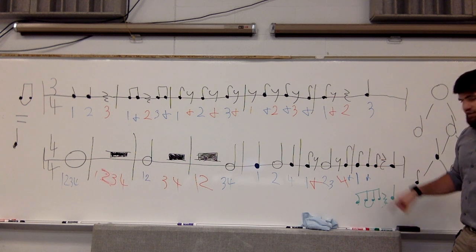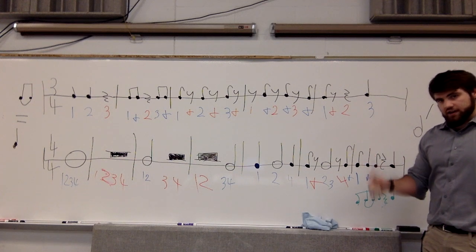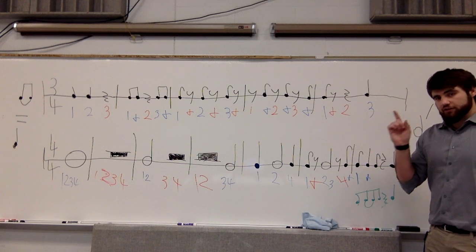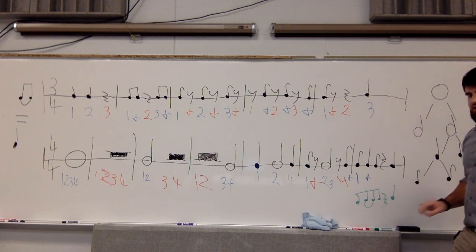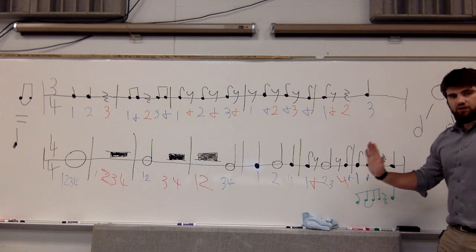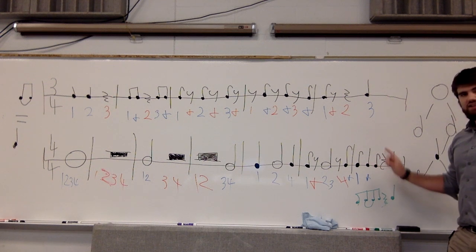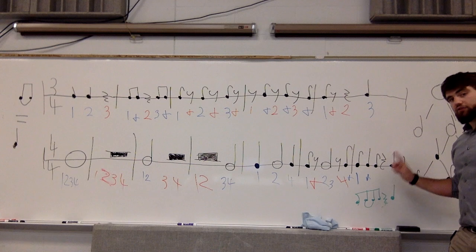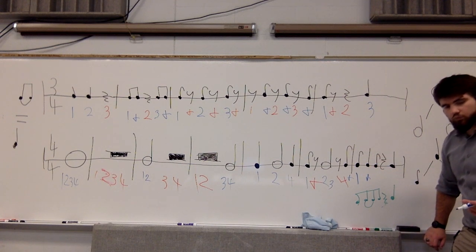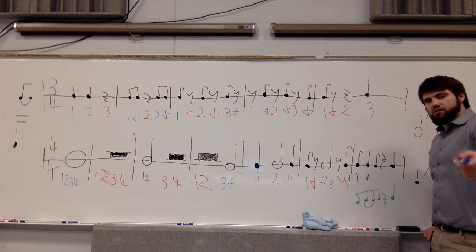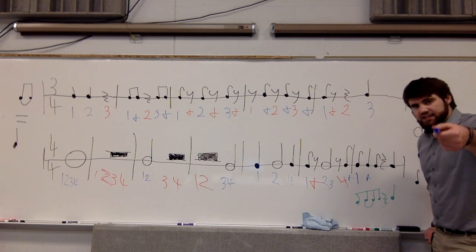This quarter note contains the and of 1 and the on of 2, the second half of beat 1, and the first half of beat 2. That's why it's tied together. So, if we've already moved past that, this contains the and of 1 and the first half of beat 2 in this quarter note, so what do we need to do to complete beat 2?